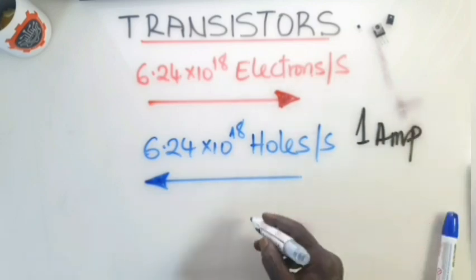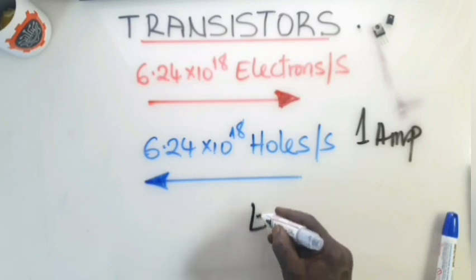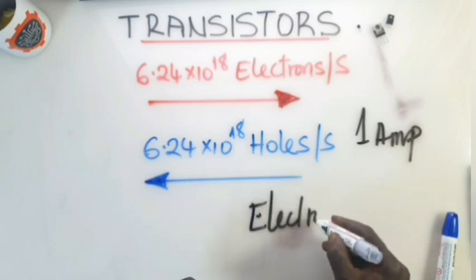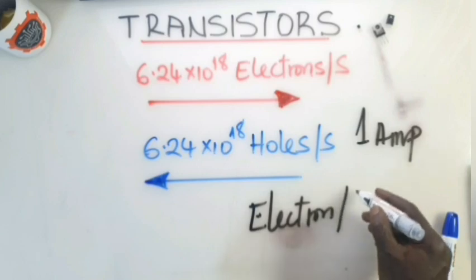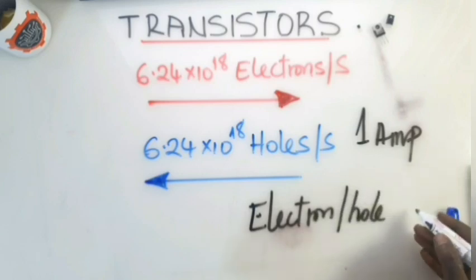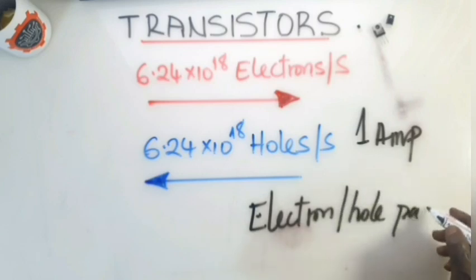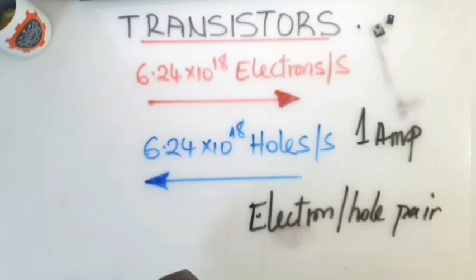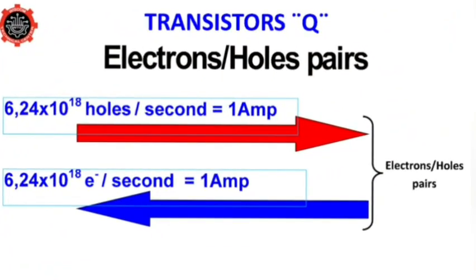That is the electron-hole pair. So do not be confused by these holes.